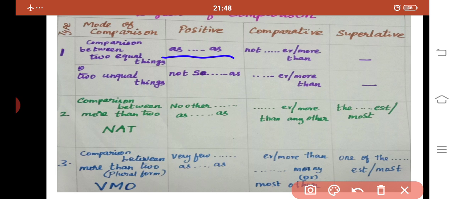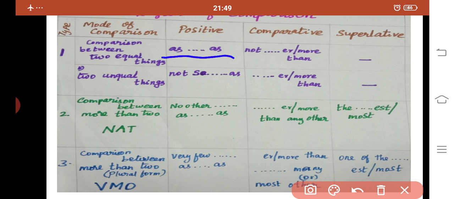Here in type 1, we have only comparison between two equal things, so we don't have a superlative form in type 1.